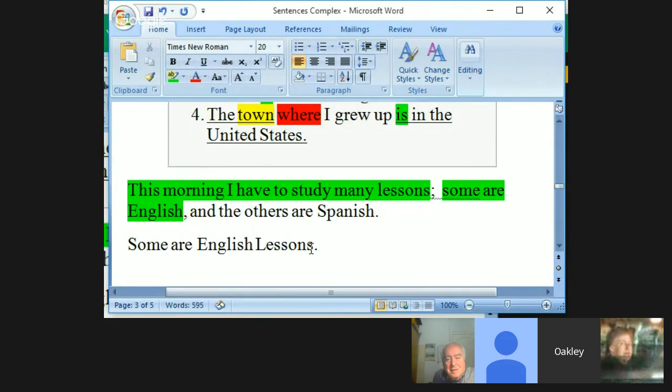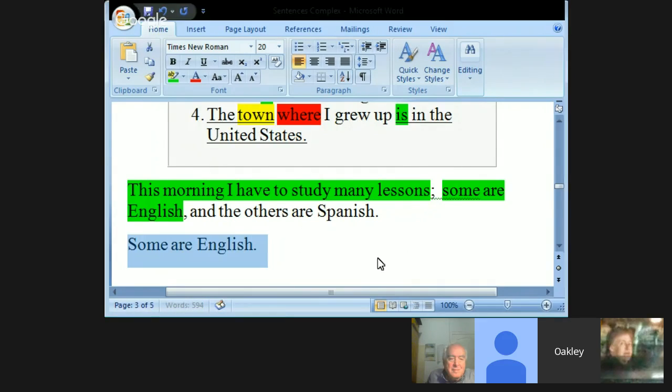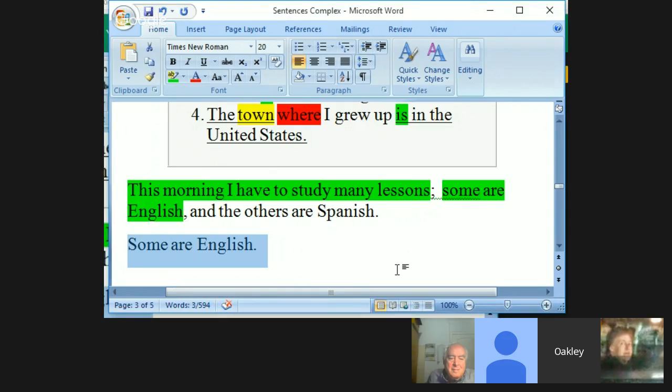So then, all right. Some are English. Is that an independent clause? It's a heck of a tricky one. You give me some tricky material to deal with, that's for sure. Yes, it is. And it may be difficult to wrap your head around the idea that this is a sentence, but it is. That's considered a complete thought. Some are English. Some what?